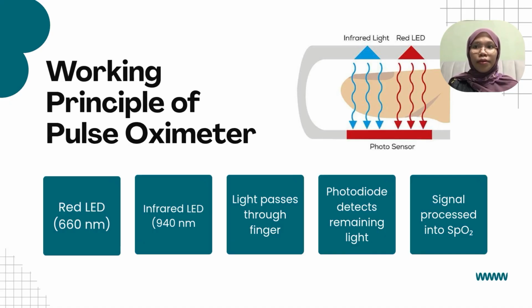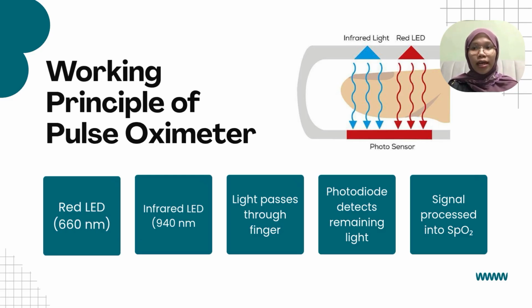A pulse oximeter operates using two different light sources: a red LED with a wavelength of 660 nanometers and an infrared LED with a wavelength of 940 nanometers. These LEDs shine light through the patient's finger. Oxygenated and deoxygenated blood absorb these wavelengths differently.